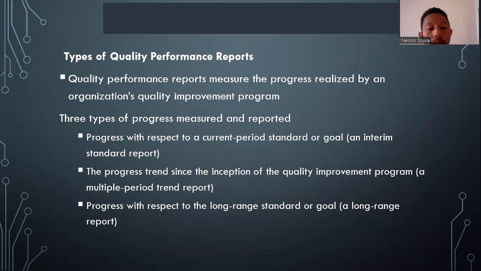The first one, progress with respect to a current period standard or goal, or we can say an interim standard report. The second, the progress trends since the inception of the quality improvement program, or we can say the multiple period trend report. And the third, progress with respect to the long range standard or goal, and we can say a long range report.